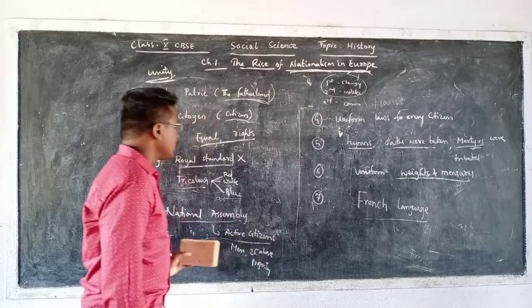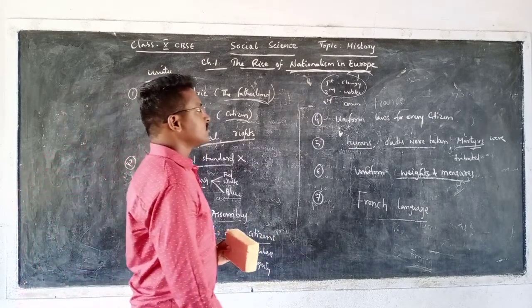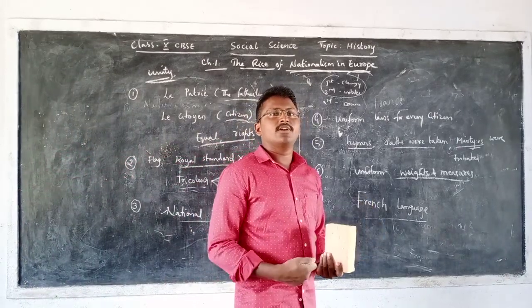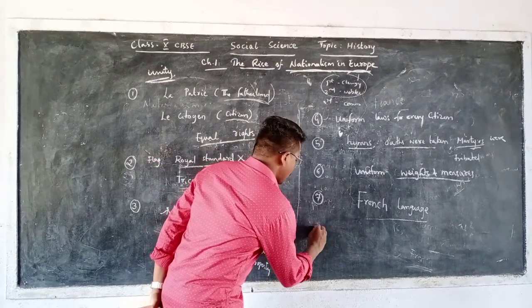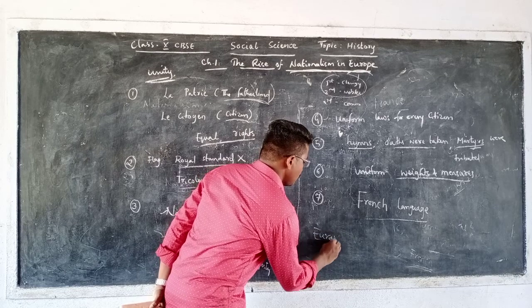Soon after doing all these things, what the French people also decided is that as soon as we got power, we should also spread this revolution in all other parts of Europe.